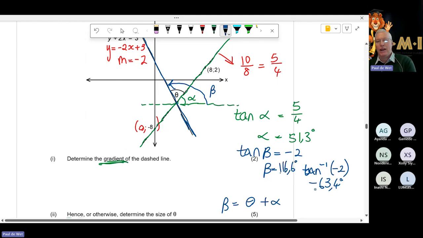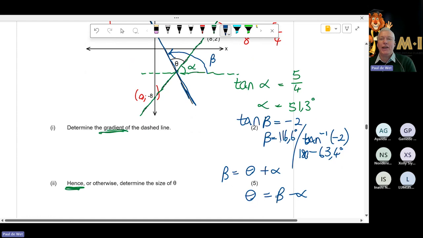It's going to be 180 minus that. And so the final answer? 116,57 minus 51,34 is equal to... What's it equal to?